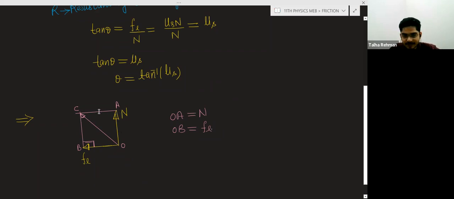So the length of the arrow represents magnitude. Basically this is a parallelogram we have completed, and in a parallelogram parallel sides are equal. So OA is N, and the parallel side BC is also N. Now OB is FL, and parallel to OB is AC, and in a parallelogram parallel sides are equal, so OB and AC are equal.